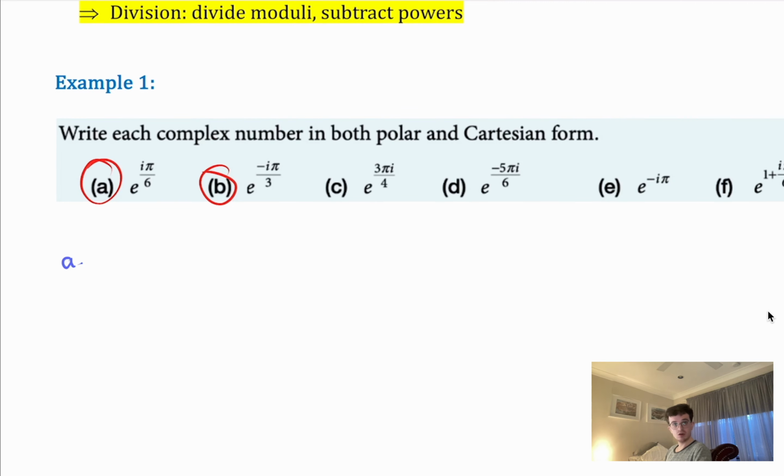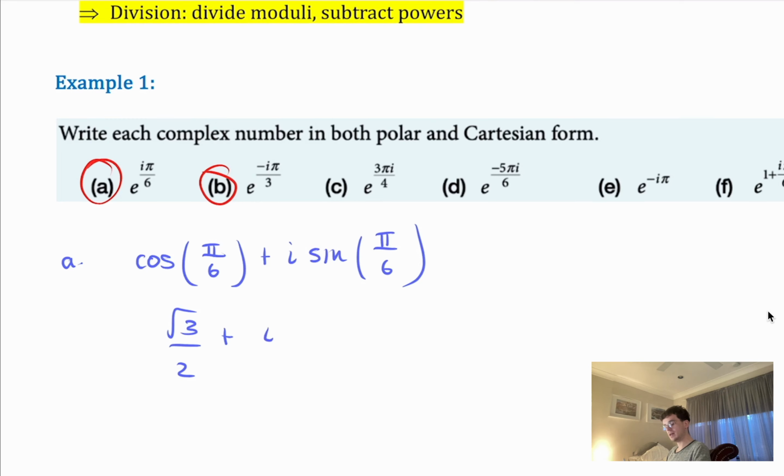So the modulus of this complex number is 1, and it's just cos of pi on 6 plus i sine of pi on 6. And then going now to Cartesian form, cos of pi on 6 is root 3 on 2. Sine of pi on 6 has to be 1 on 2. So the answer is root 3 on 2 plus i times a half, or we could say root 3 on 2 plus i on 2.